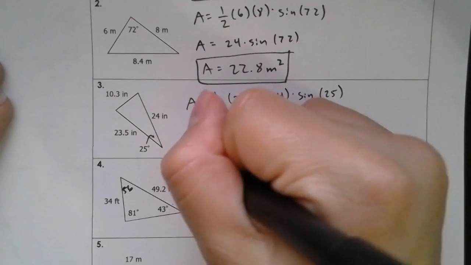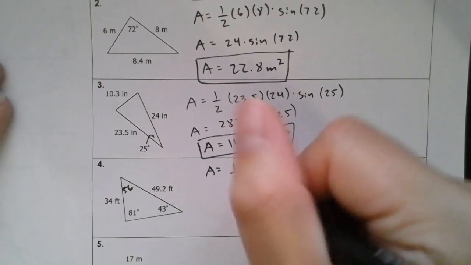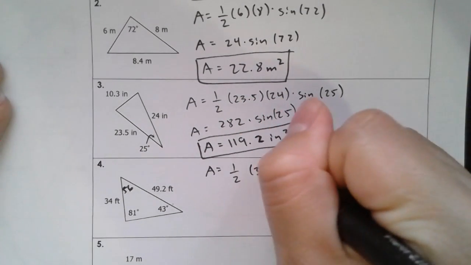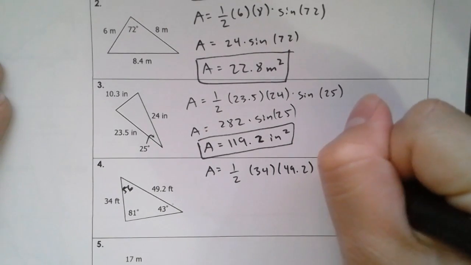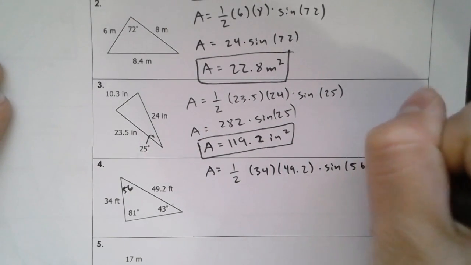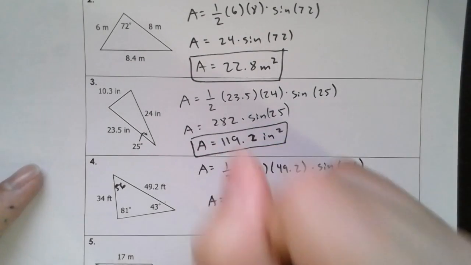So area is equal to 1/2 these two sides, right, 34 times 49.2 times the sine of the angle you found, 56. 34 times 49.2, you're going to get the area and then divide by 2, right?